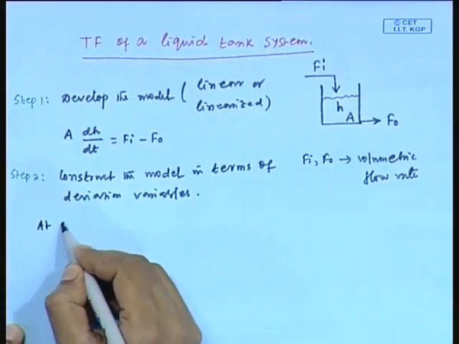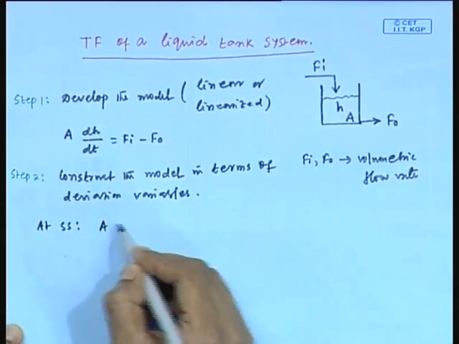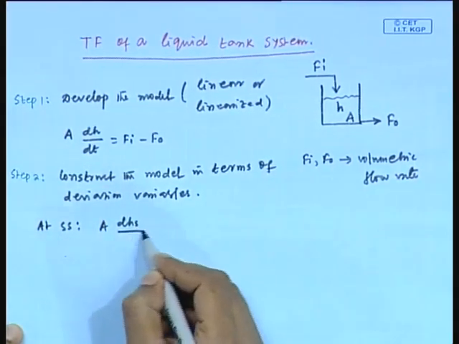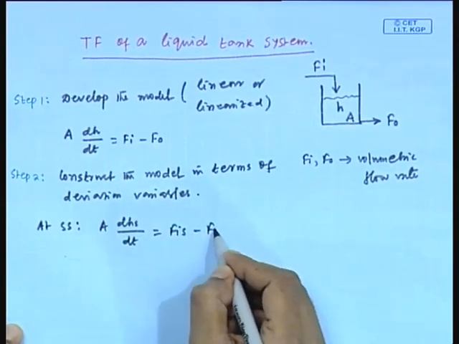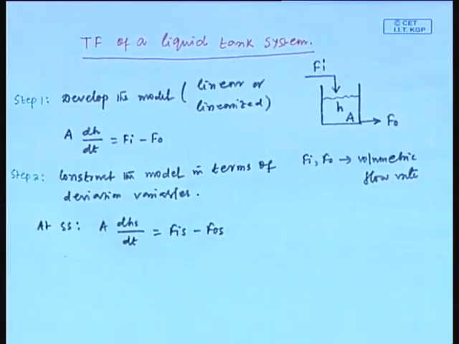So, what will be the modeling equation at steady state condition? At steady state, the modeling equation becomes f I s minus f naught s. We have just added suffix s to represent the steady state, fine.